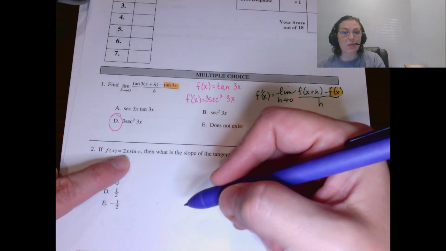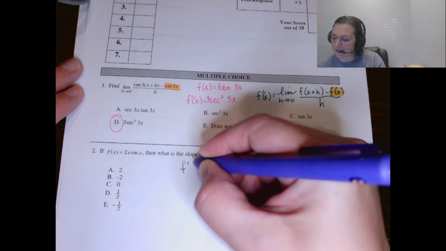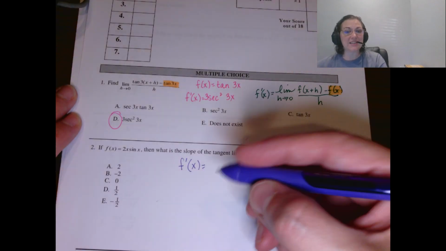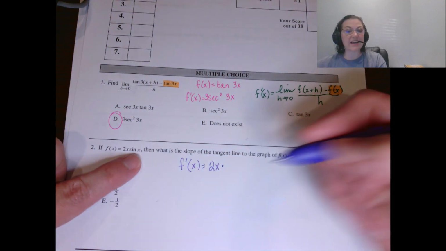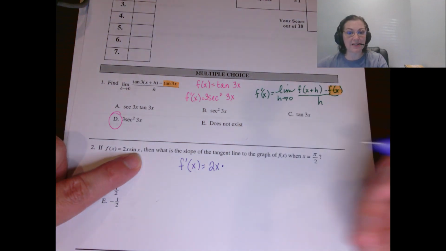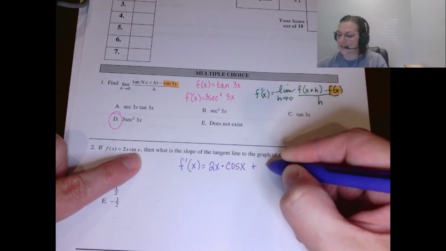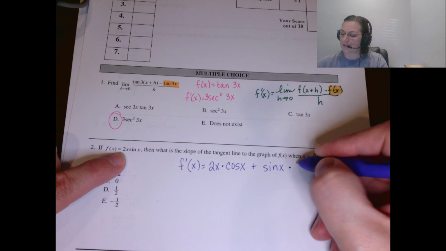Looking at our function, we're going to have to do product rule. So product rule says the first, which in our case is 2x, times the derivative of the second. The second here is sine of x, so the derivative would be cosine of x, plus the second times the derivative of the first, so times 2.